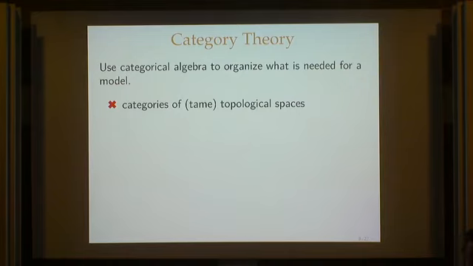So I'm thinking in terms of factorization systems and equivalent model structures and so on. And those subjects, it seems to me, are at the moment meeting and merging in interesting ways. So we have category theory to help us organise what is needed for a model.